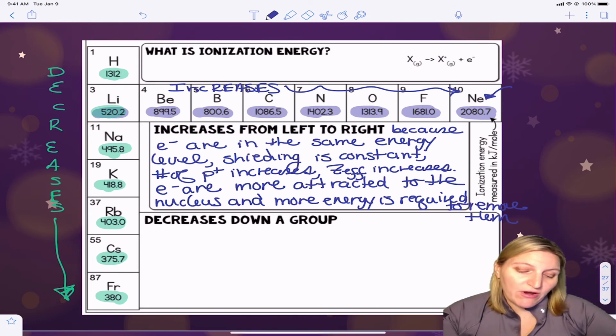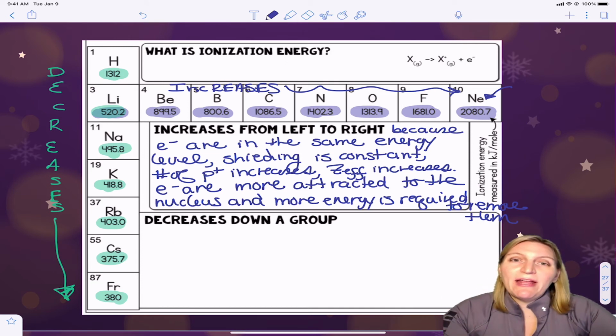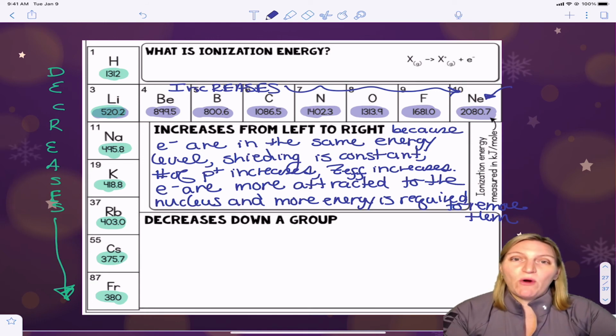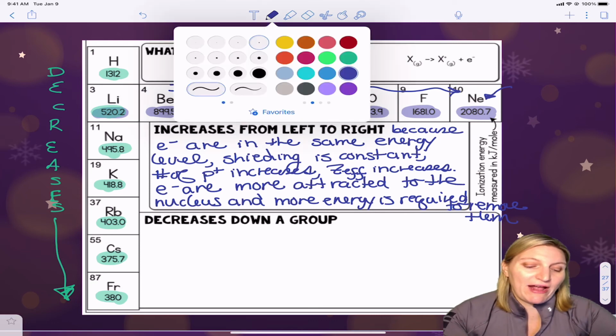As we move from left to right, electrons are in the same energy level, which means the shielding is constant, but the number of protons is increasing, which means Z effective is increasing, which means the electrons are more attracted to the nucleus, and it's going to take more energy to overcome that attraction.